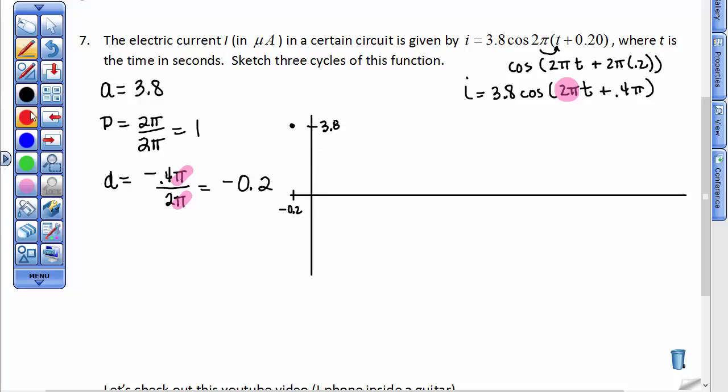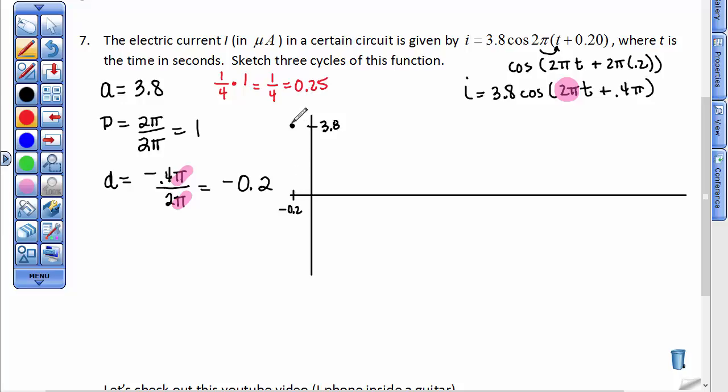Before I go any further, I'm going to take a quarter of the period. Well, the period is just 1. So a quarter of 1 is 1/4, or 0.25 seconds for a quarter of this cycle. Well, you see this 0.2 right there?